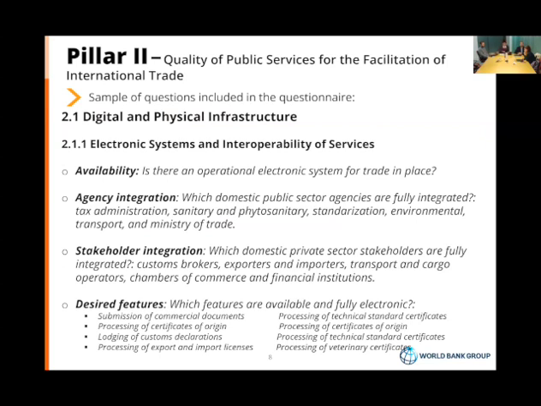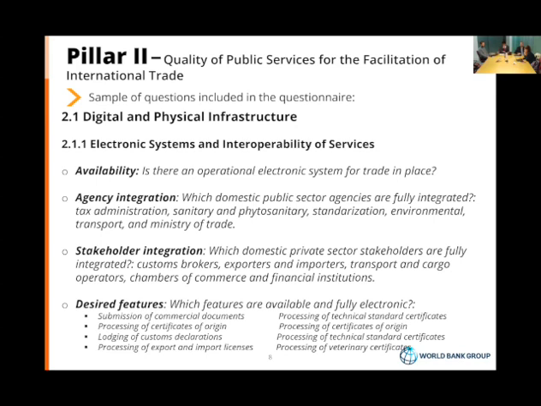The intent of this question is to assess whether there exists an electronic single window or an integrated customs management system in the economy. It further goes on to understand the extent, or the quality, or the integration of this electronic system for international trade, and asks further follow-up questions on agency integration.